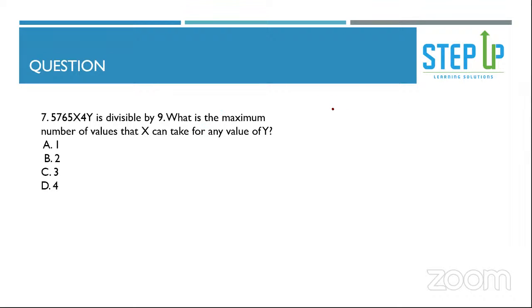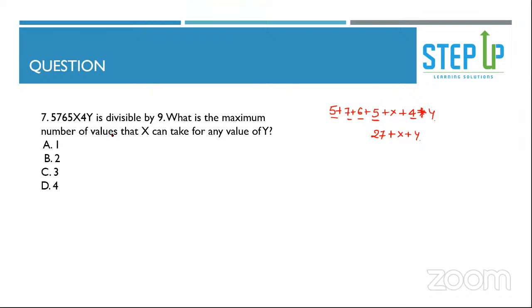So if I add 5 plus 7 plus 6 plus 5 plus x plus 4 plus y: 5 plus 7 is 12, plus 6 is 18, plus 5 is 23, plus 4 is 27. So 27 plus x plus y, all right?